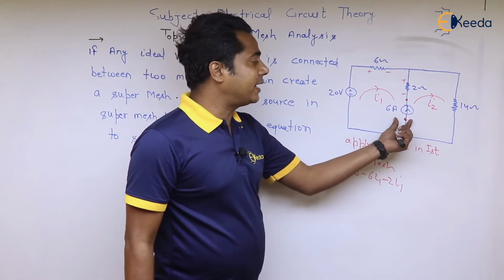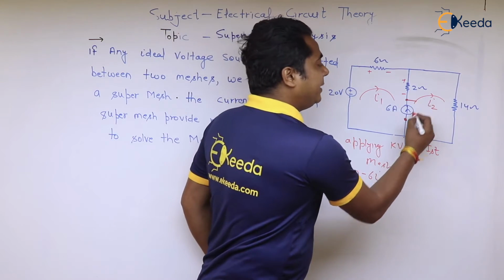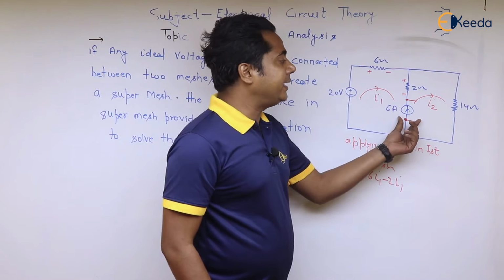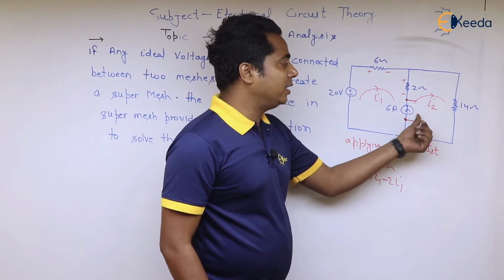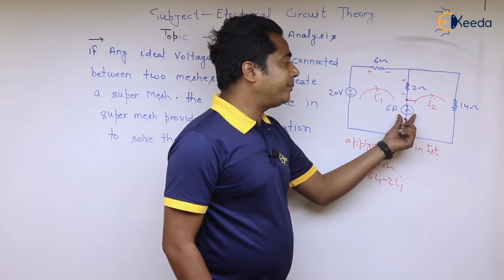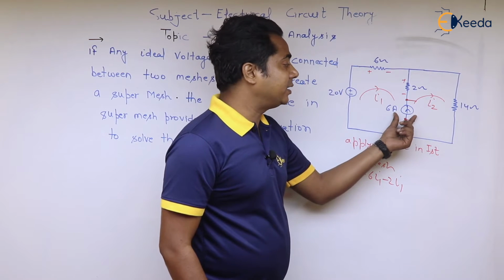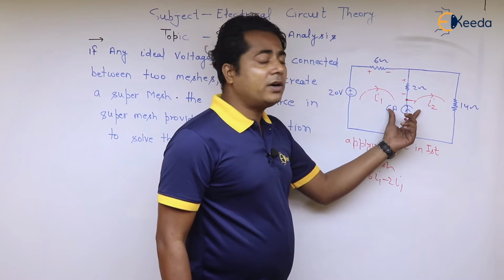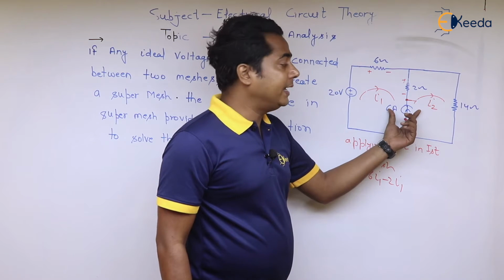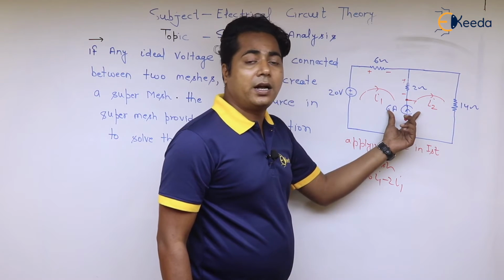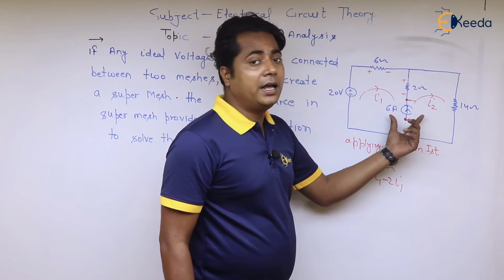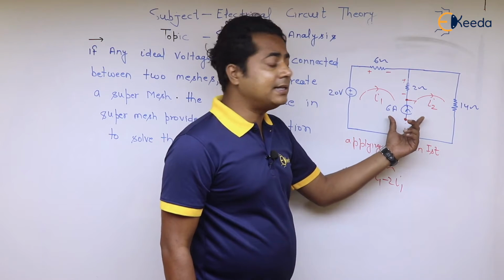It has internal resistance 0 in series, but in parallel its internal resistance is infinity. So we cannot apply KVL whenever a current source is present. Across the 6 ohm we cannot apply KVL for the 6 ampere current source. Then our mesh analysis has failed.